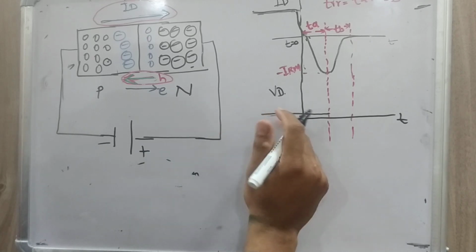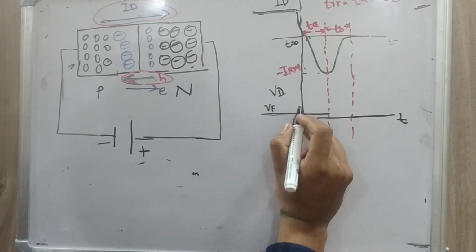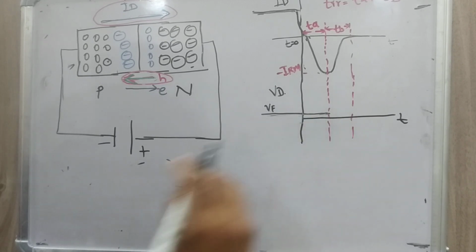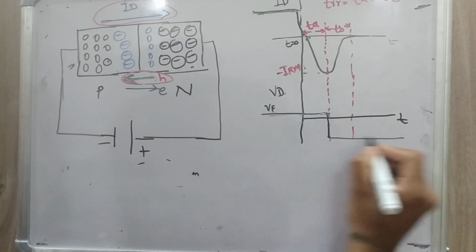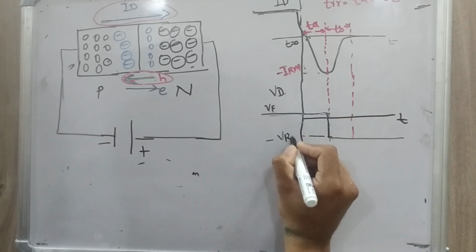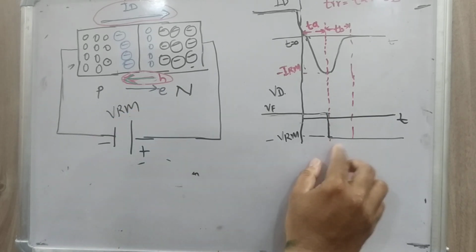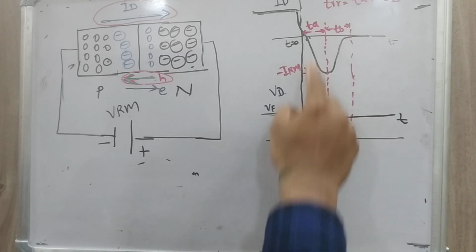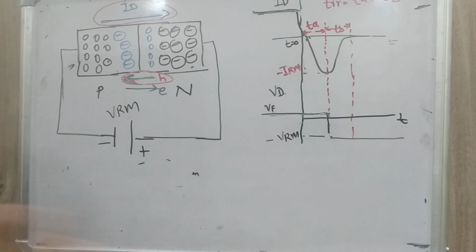Earlier there was a forward voltage drop denoted by VF, which is around 0.7 volt, so this is positive, right? It remains at VF for time duration TA, and then it drops to minus VRM, which is the applied reverse voltage, and it stays at minus VRM until the diode is forward biased again.